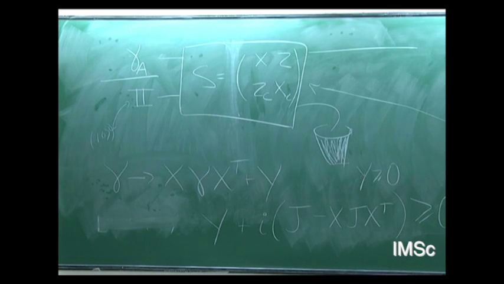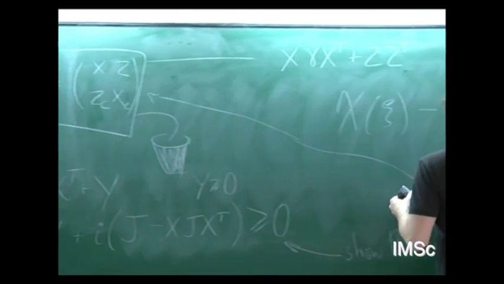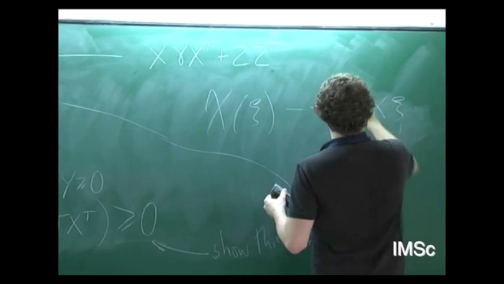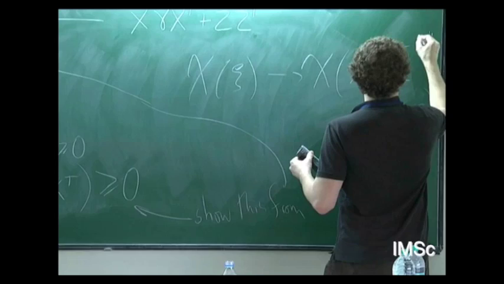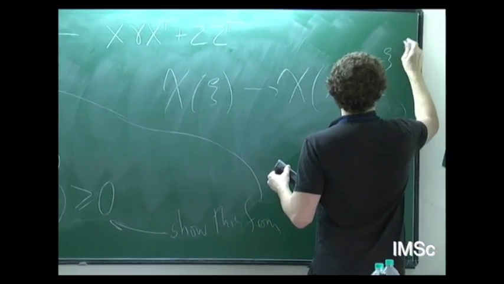Now, I can't, off the top of my head. For example, if chi is your characteristic function, then chi of psi goes to chi of x psi times exponential minus psi transpose y psi.